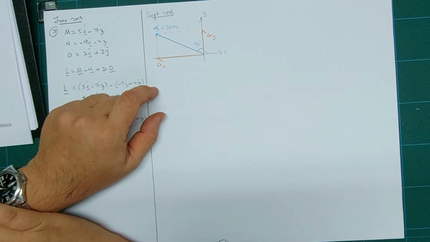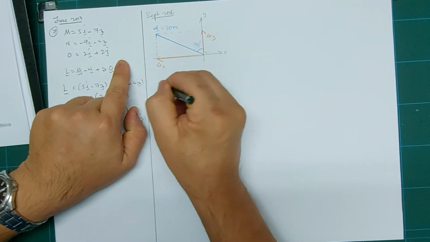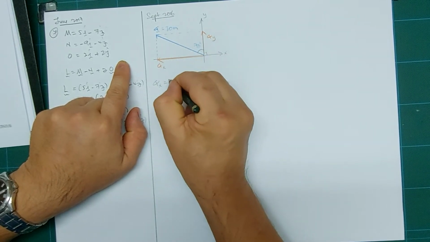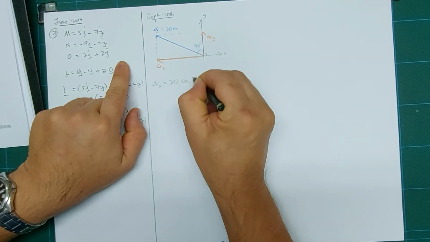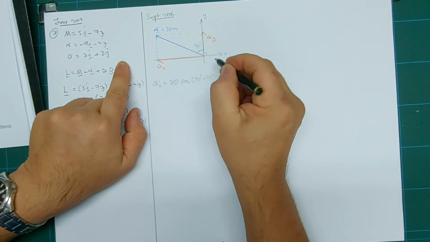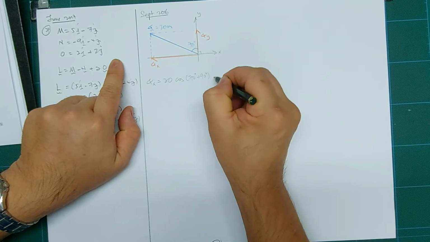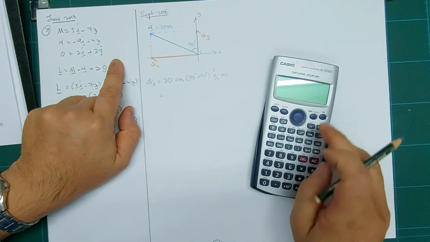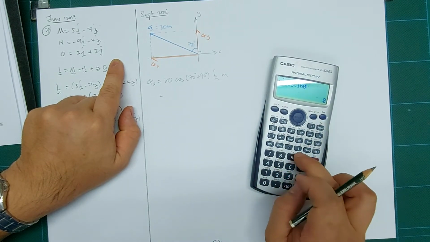Next, compute the value of the X and Y components of Q. So Qx is equal to what? 30 meter multiplied by cosine, and the angle is 70 plus 90. We always calculate the angle from here. This one is the x component already, so you can put the I if you want, but still in meter. So now you have 30 cosine 160.